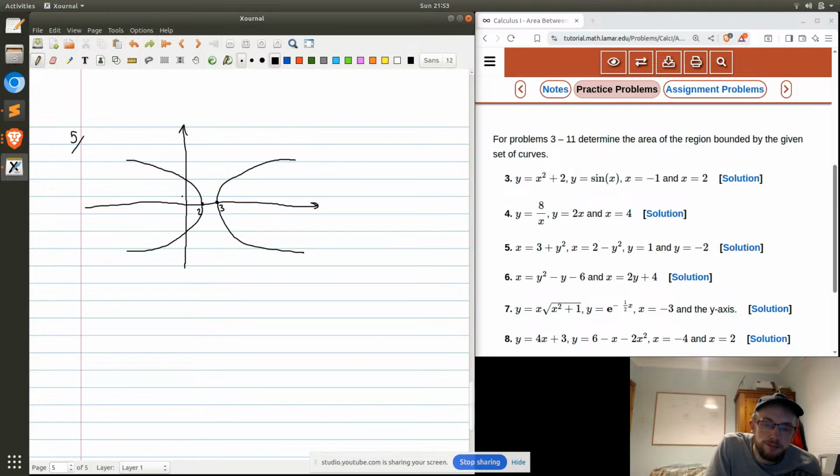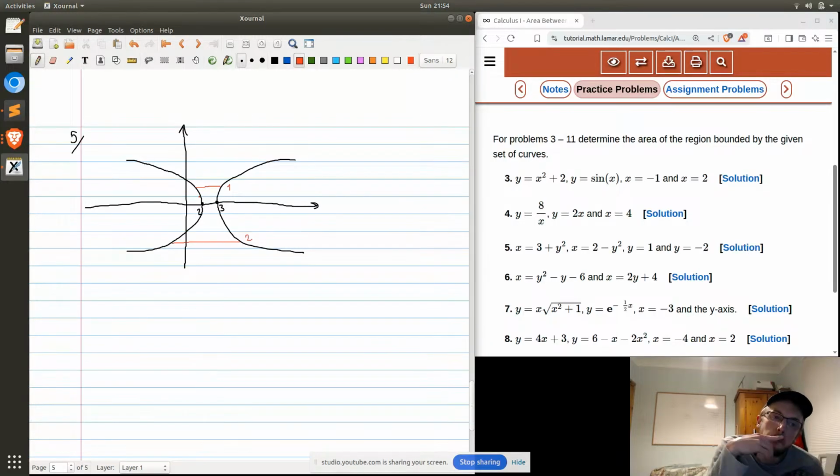So, plus or minus root 2. Makes sense. That makes sense then. And that would make sense then. So at the very least, I understand the question.